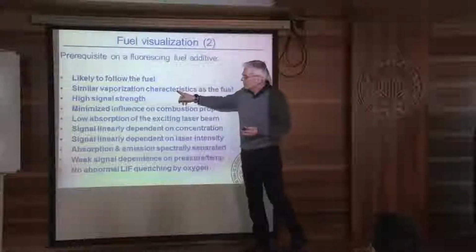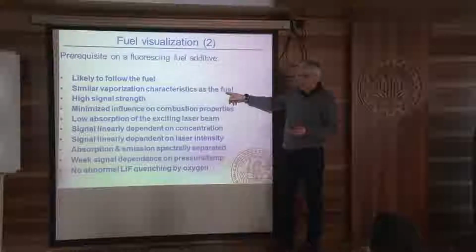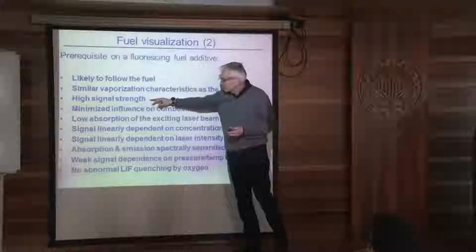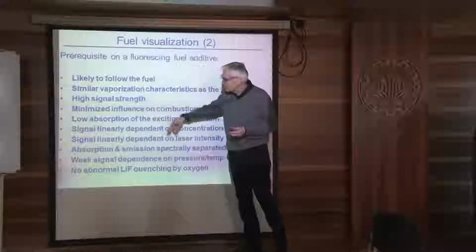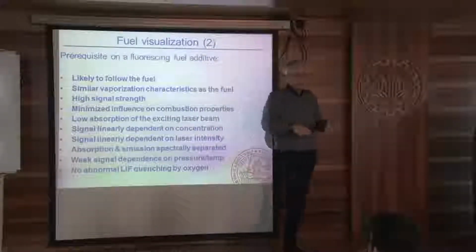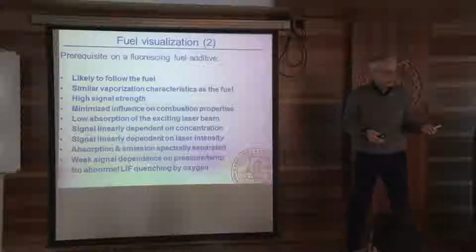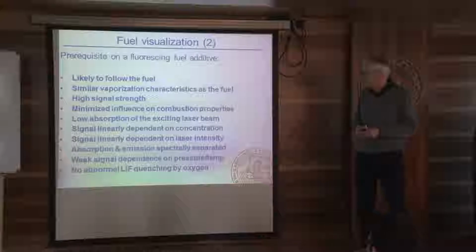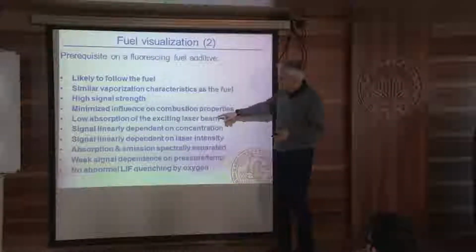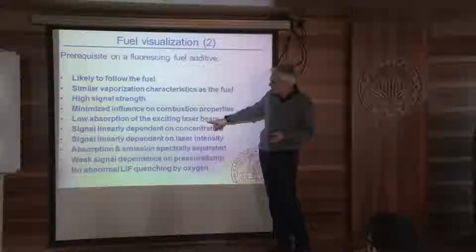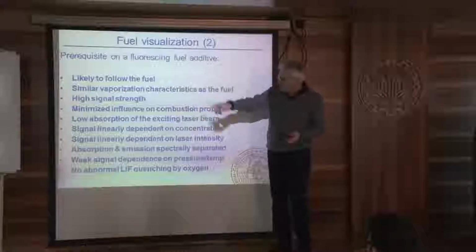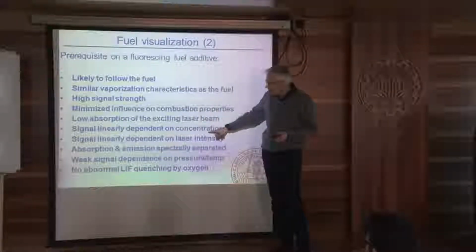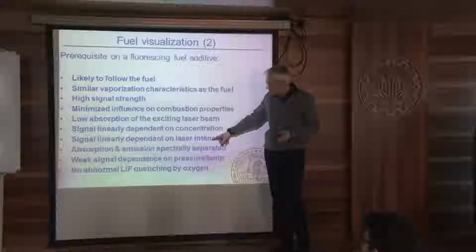We have to look for similar vapor characteristics. The tracer has to have a high signal strength. We have to minimize the influence on the combustion so that we don't change the tendency for knock or something else. We have to have a low absorption of the exciting laser beam, for the reason I mentioned there. It should be linear in dependence on concentration and laser intensity.